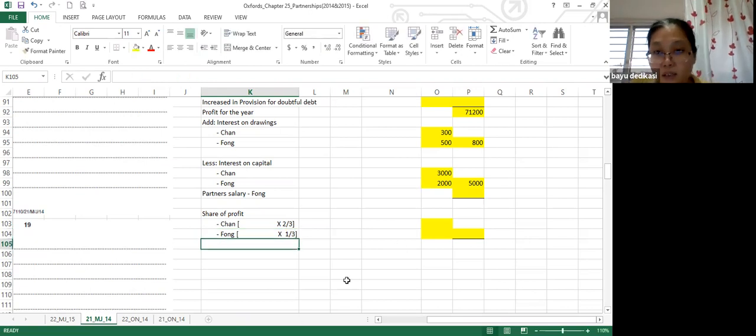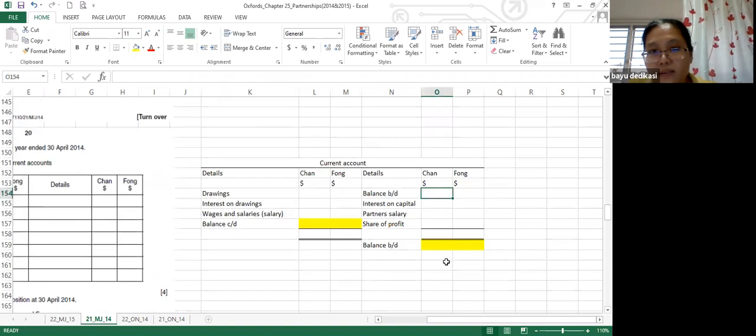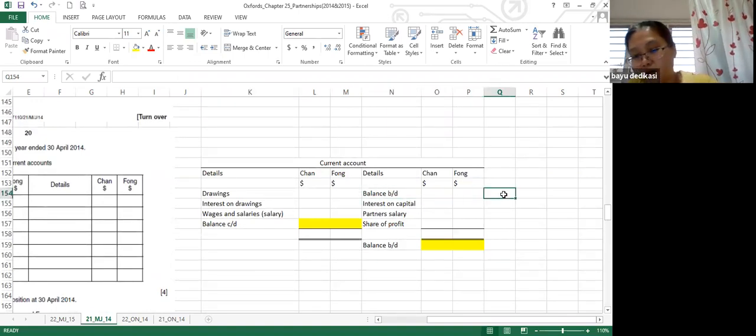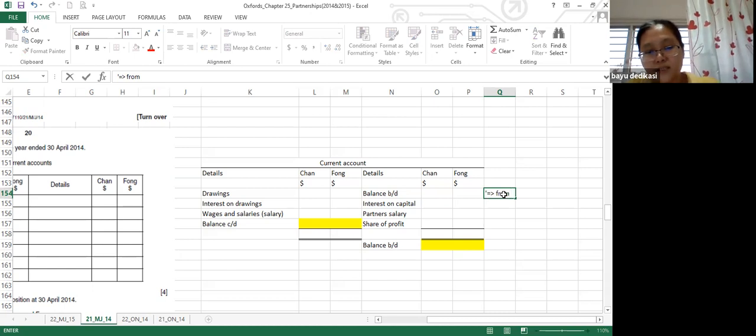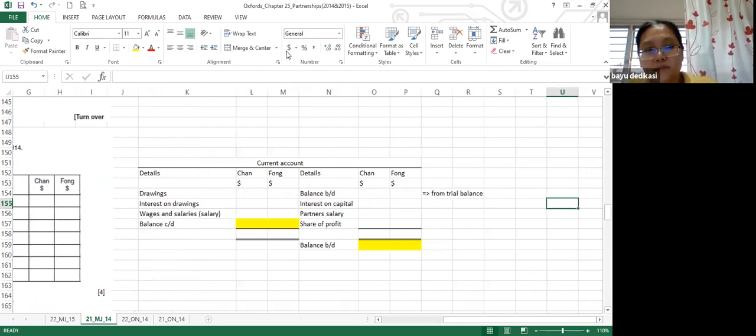So this is the information. Come to the current account. Your credit balance brought down is from where? From your trial balance. And this one, where can you get it from? All this information.